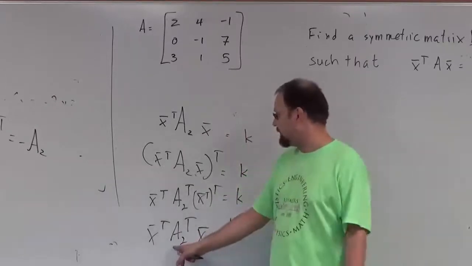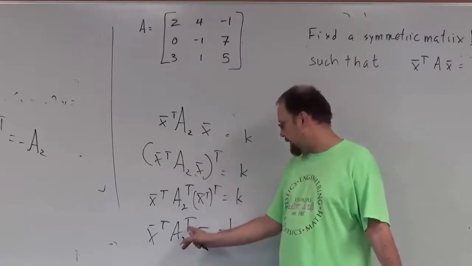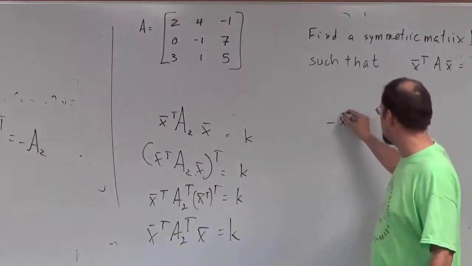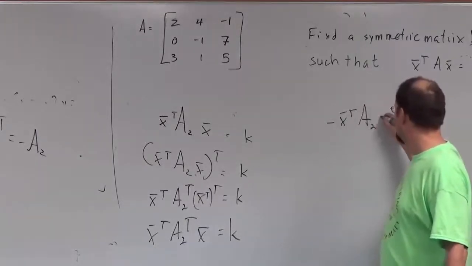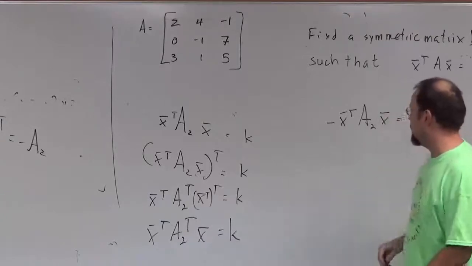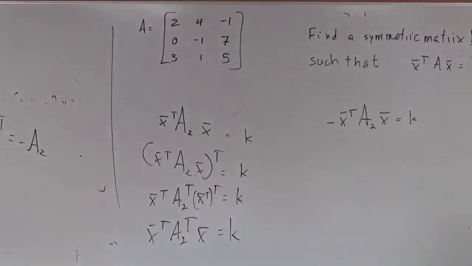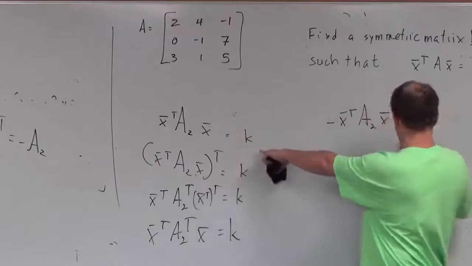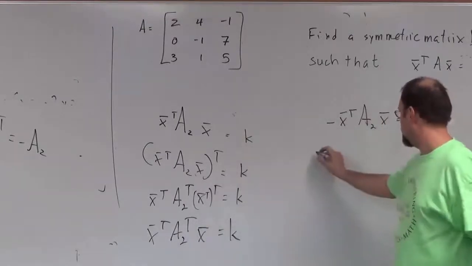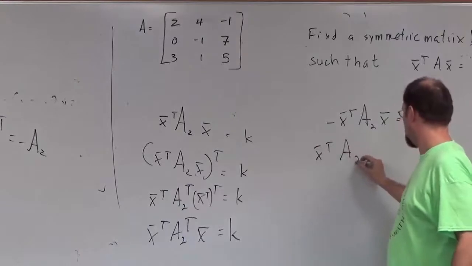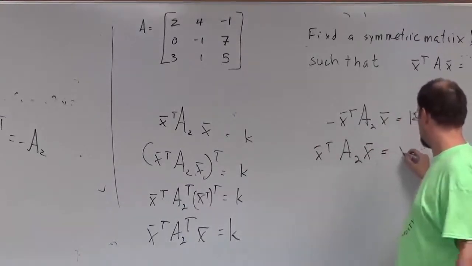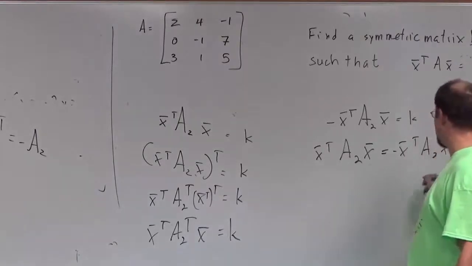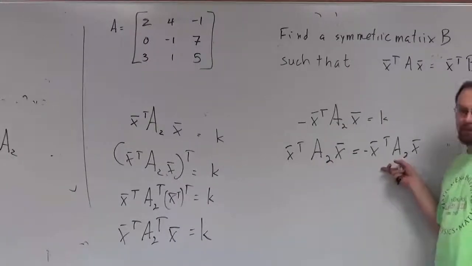Okay, and because we know that A2 is skew symmetric, A2 transpose is equal to the negative of A2. So we can write that this is negative X transpose A2 X. Now we have that these are equal to one another, right? They're both equal to K. And if a number is equal to its negative, what is that number?